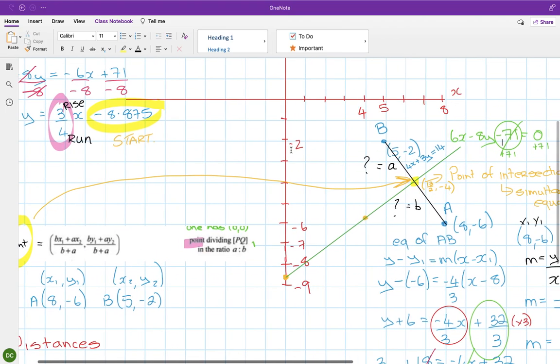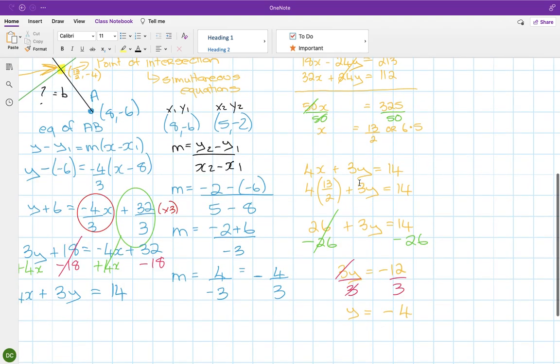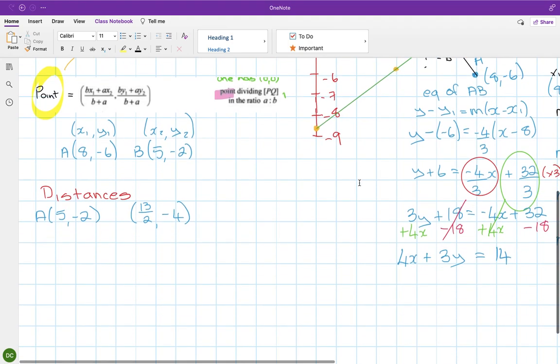Okay, so the distance between 5, minus 2, which is A, and then the point of intersection that I just found, which is 13 over 2, minus 4. Is that what I got? 13 over 2 and minus 4, yeah?